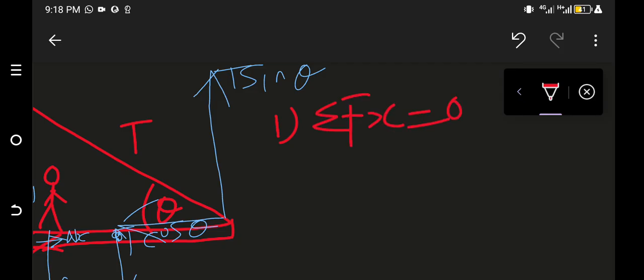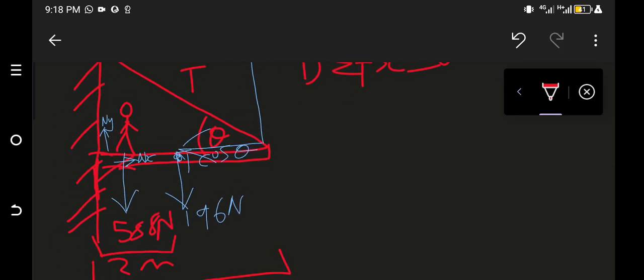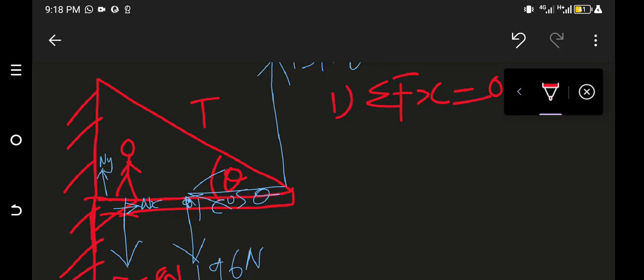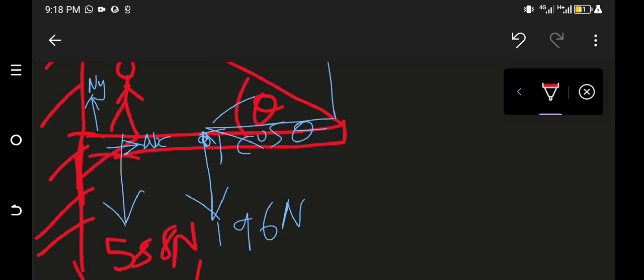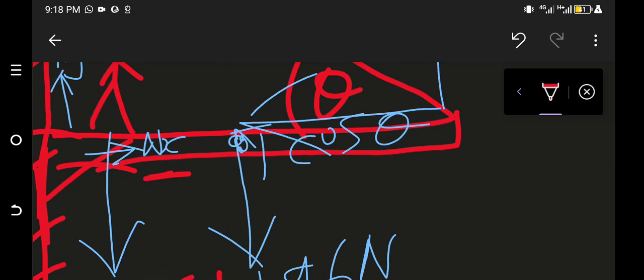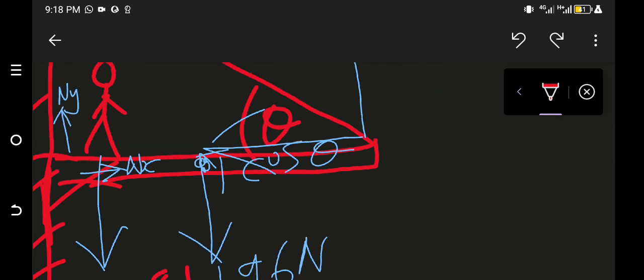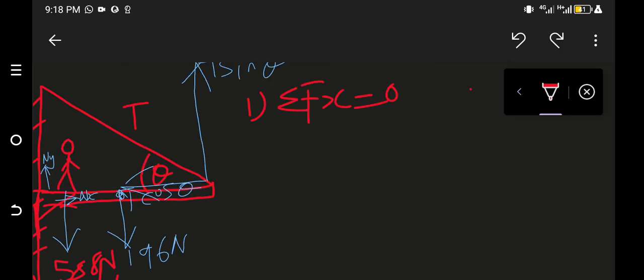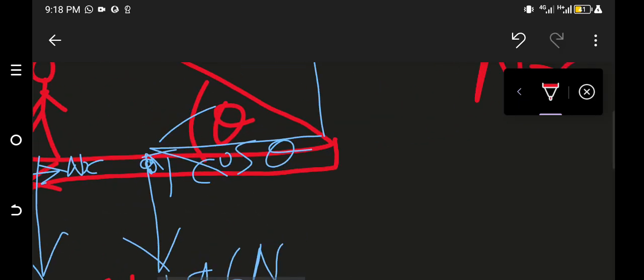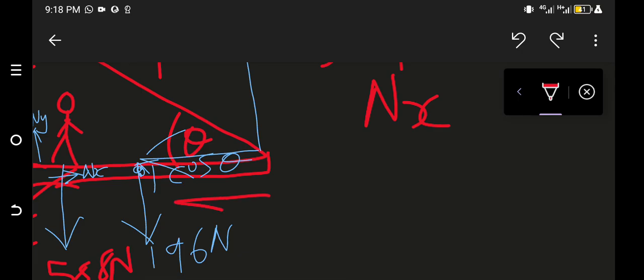Our first law was that the sum of the forces in the x-axis should be equal to 0. Which forces in our free body diagram are in the x direction? We have our first force, which is Nx. If you can see Nx, it's right here. And our second force in the x-axis is T cos theta, and T cos theta is going in the west direction, so it has to be negative.